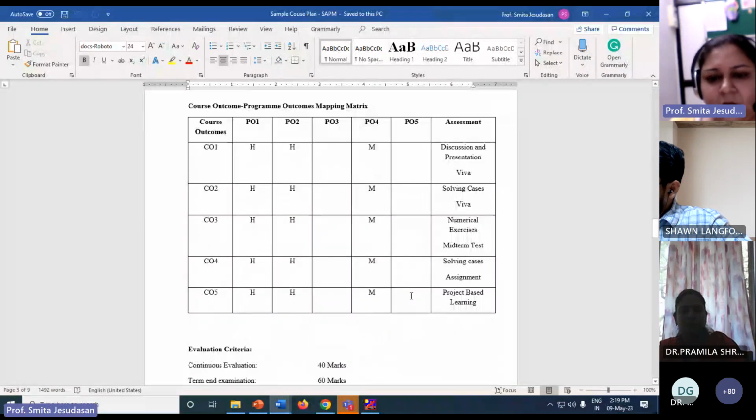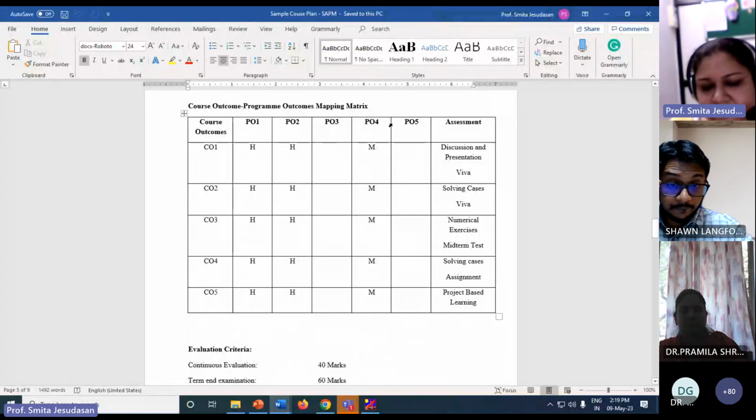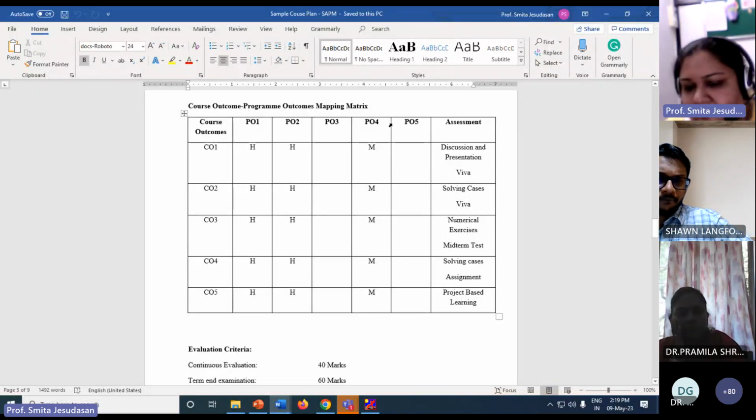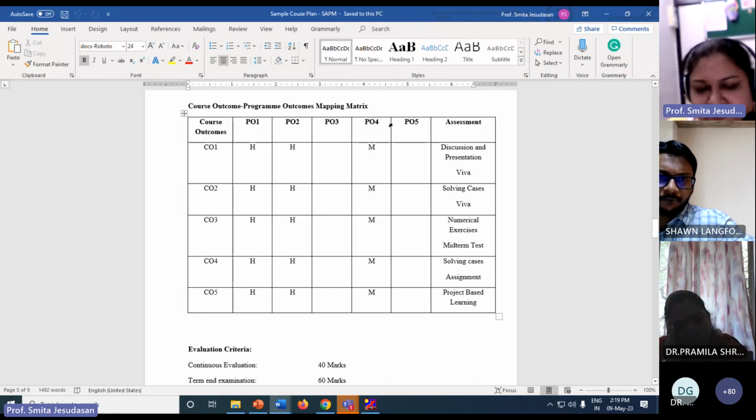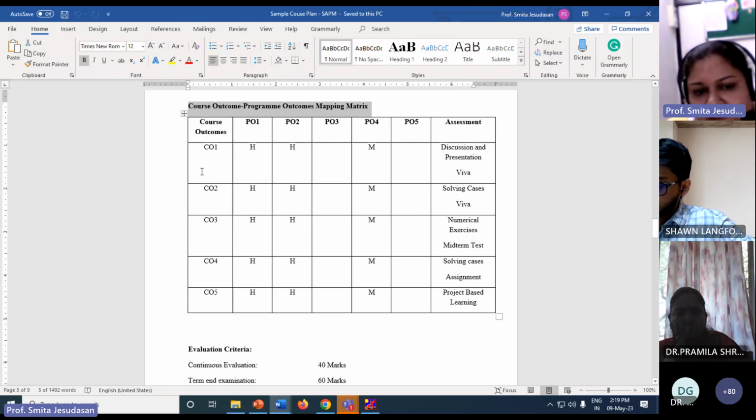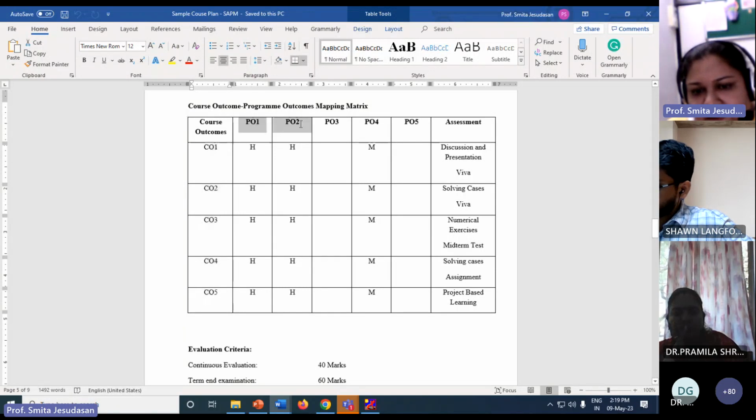Okay. So now here, this is given in the assignment document shared yesterday with all of you. This is the COPO mapping matrix. In the COPO mapping matrix, we have our course outcome statements and we have mapped them with the various program outcomes.